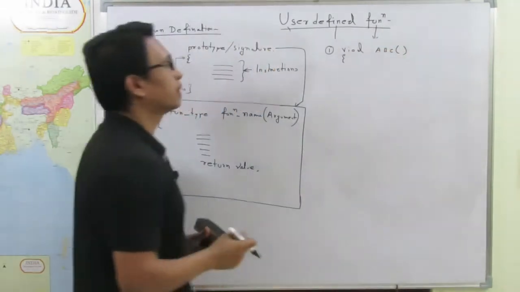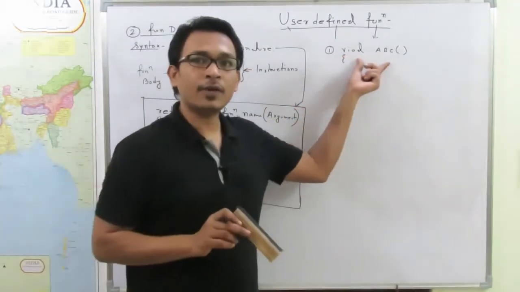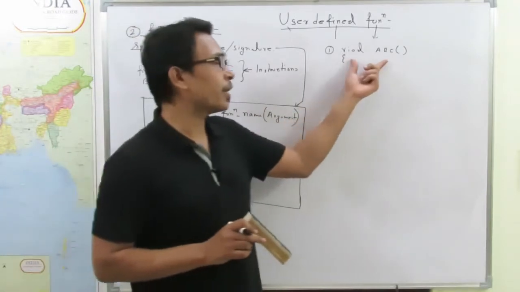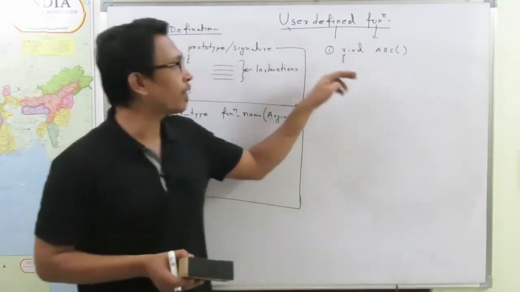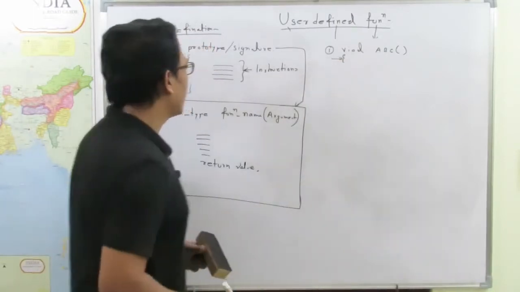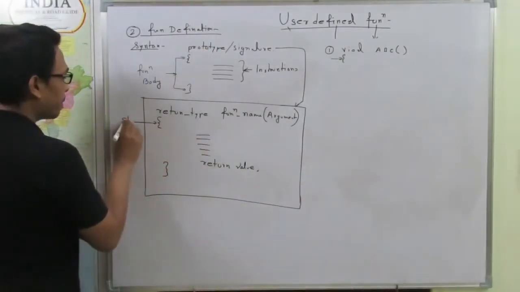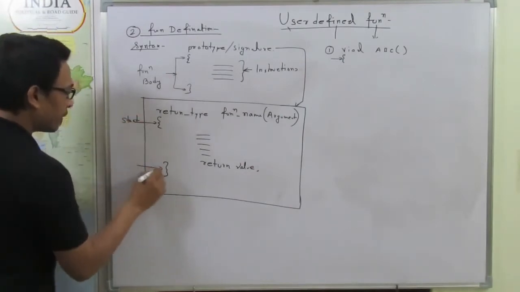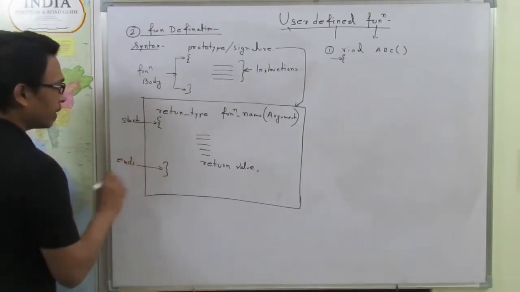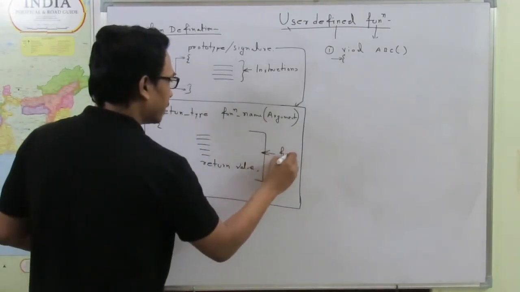This is our function prototype or signature of the function. After that, the function body will start. This is the start of the function body, and here the function body ends, and all these parts are called the function body.